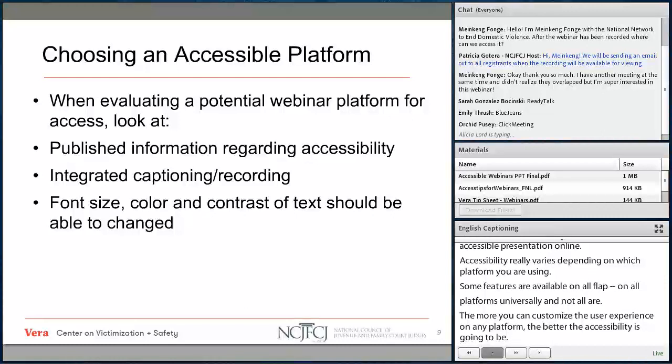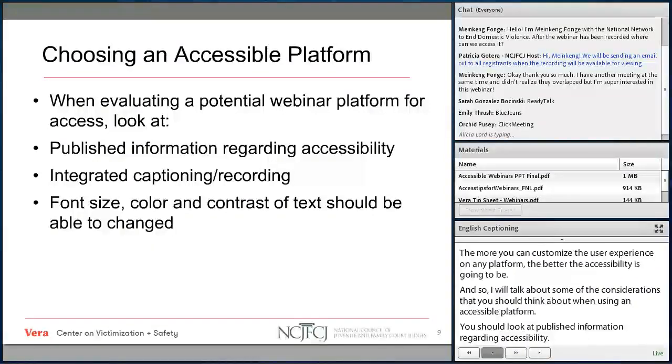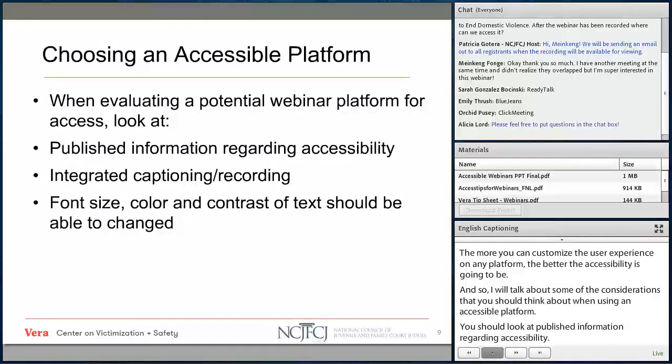You should look at published information regarding accessibility. All of these platforms, from Zoom to Adobe Connect to GoToMeeting, have published voluntary product accessibility templates, or VPATs, available on their websites.